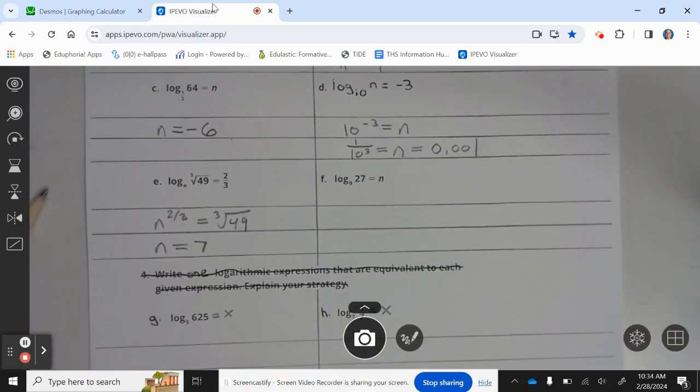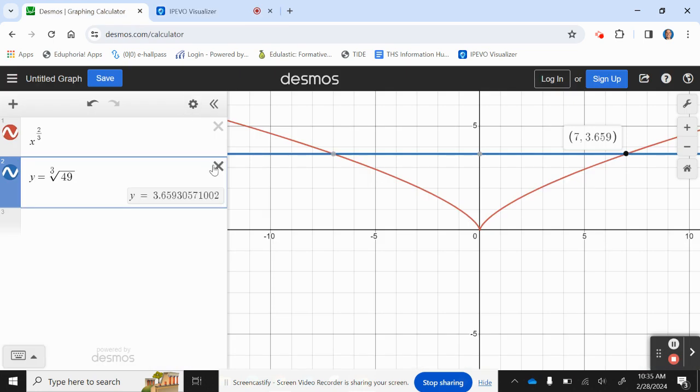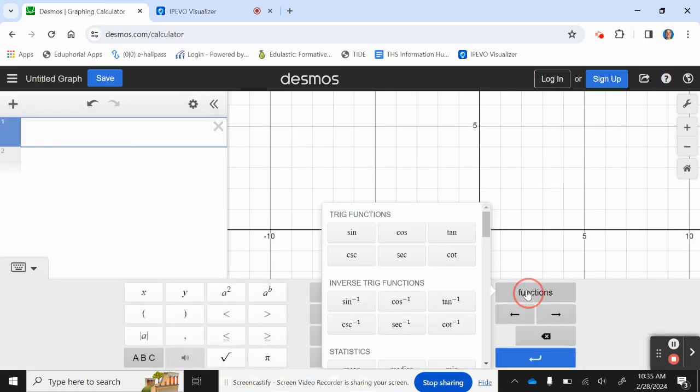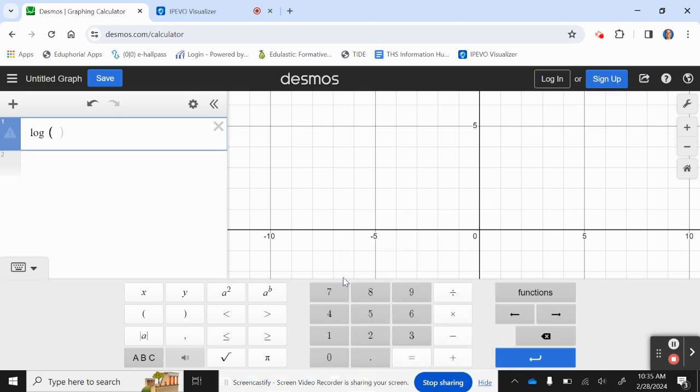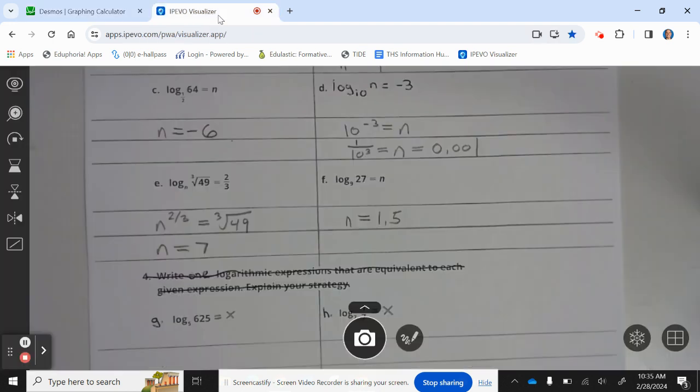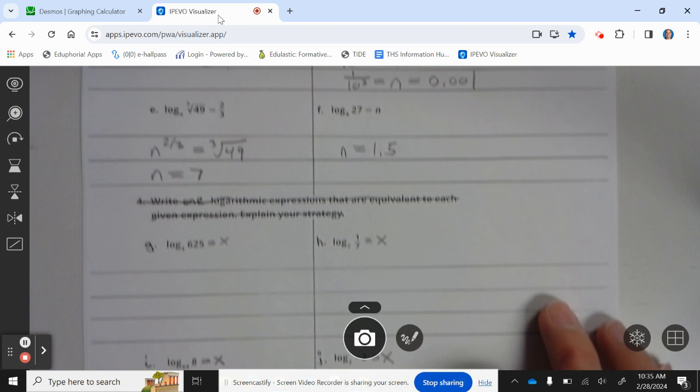Okay, F we can just plug into our calculator. So function, log base 9 of 27 is 1.5. Okay.